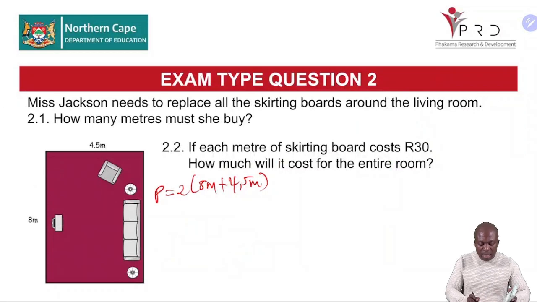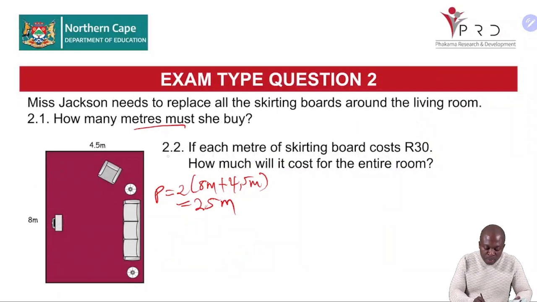So my answer is 25 meters. It says how many meters must she buy? We need to get at least 25 meters. Look at number 2. If each meter of skirting board costs 30 rand, how much will it cost for the entire room?